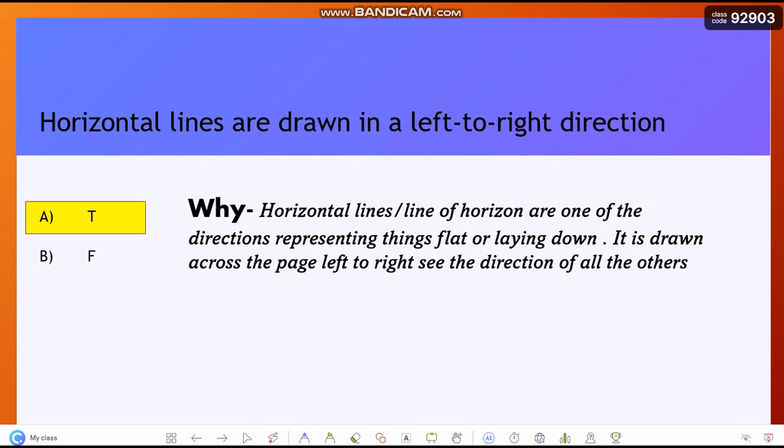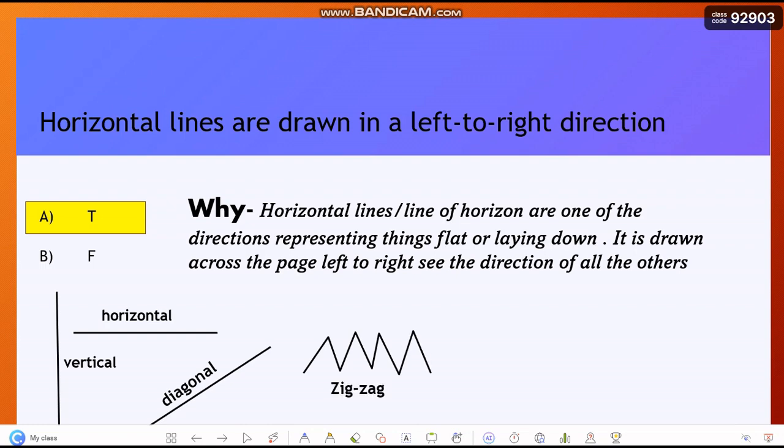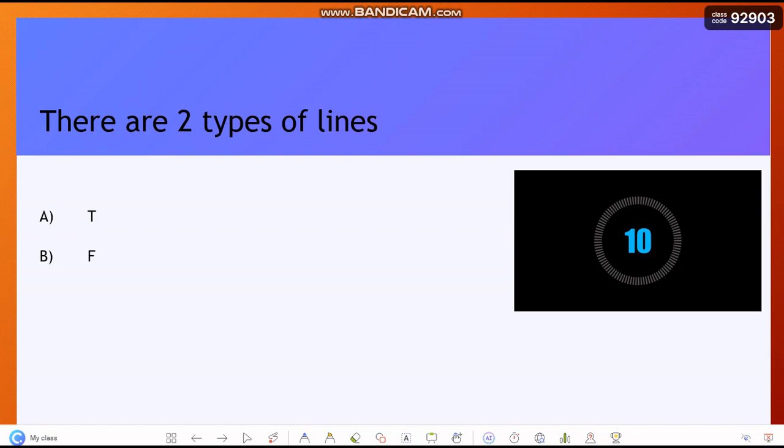See the directions of all the others. So we have vertical, we have horizontal, we have diagonal, zigzag. These are also considered as straight lines. Now, there are two types of lines.